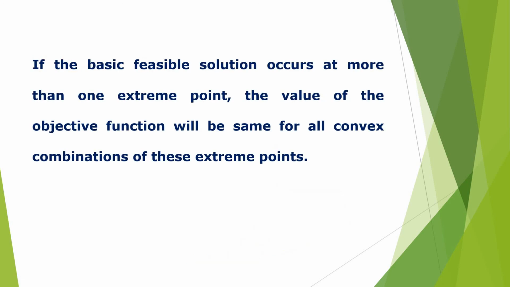And if the basic feasible solution occurs at more than one extreme point, the value of the objective function will be the same for all convex combinations of these extreme points.